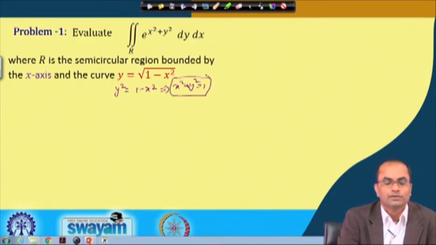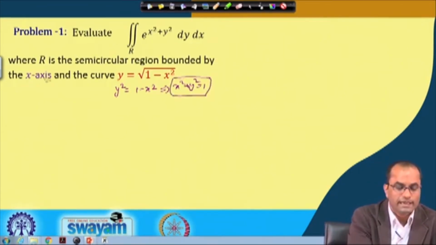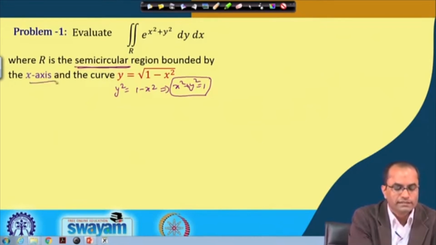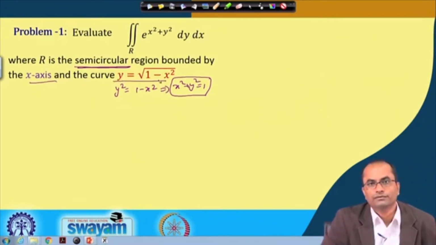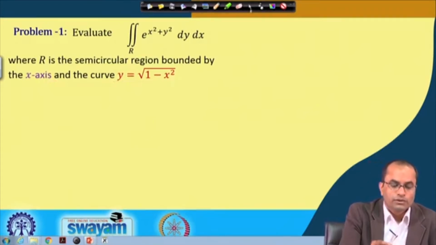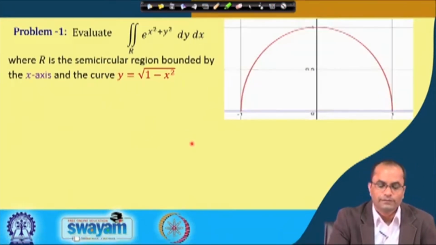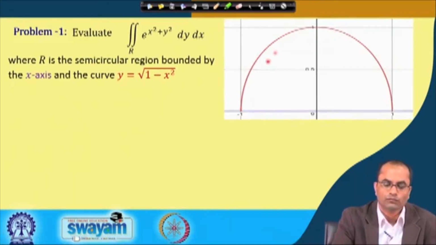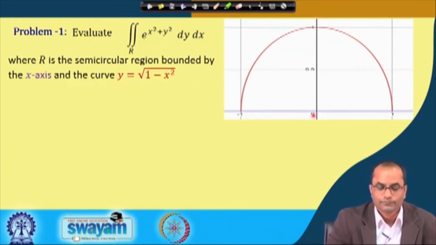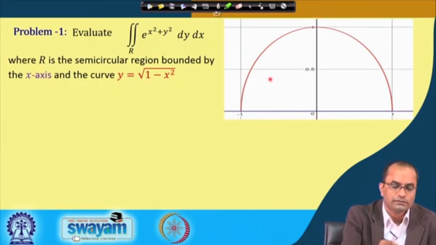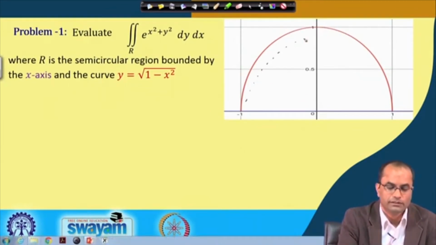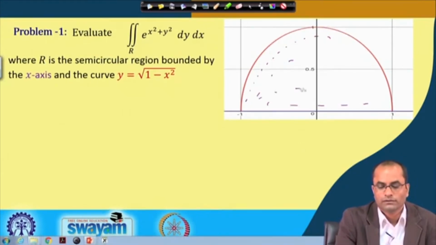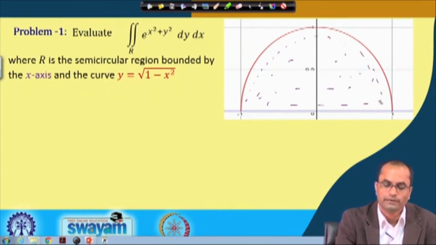So, this is the circle, and we are talking about the semicircular region bounded by the x axis and the upper part of the circle. If we draw the region, it is this half circle with radius 1, and here the x axis. This is the region over which we want to integrate. Since we have this circular region, it would be much more convenient to use polar coordinates.